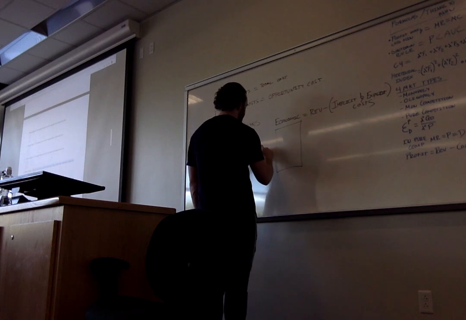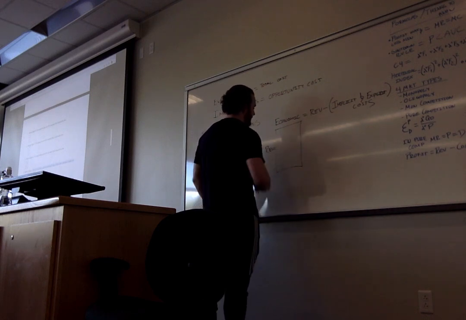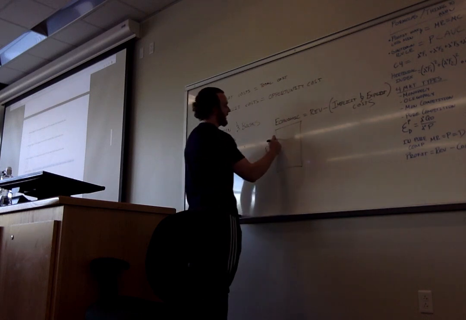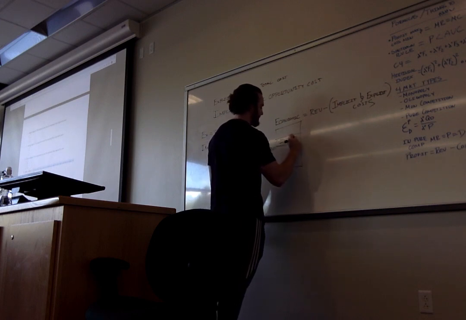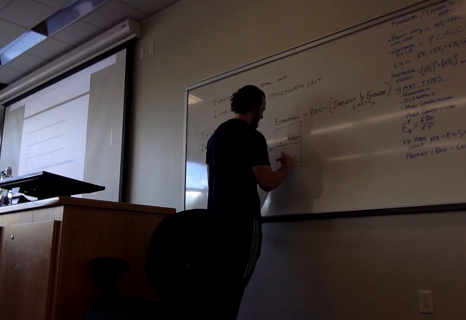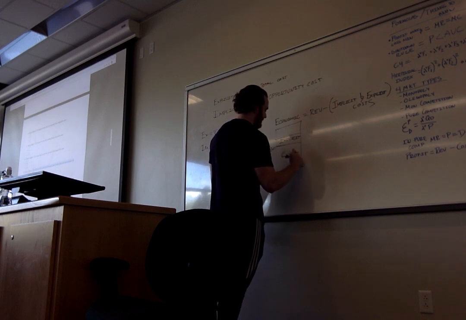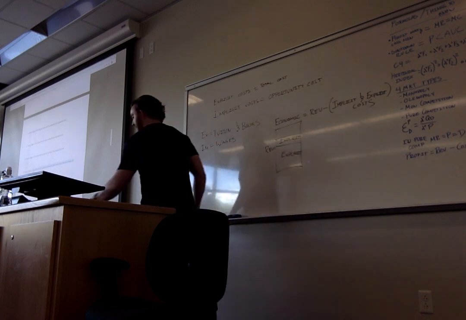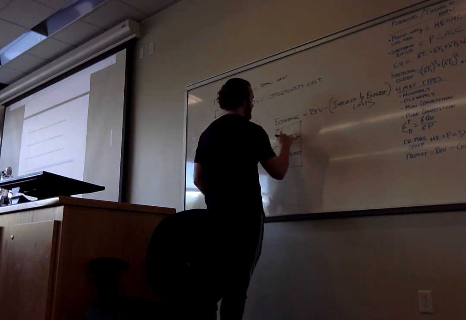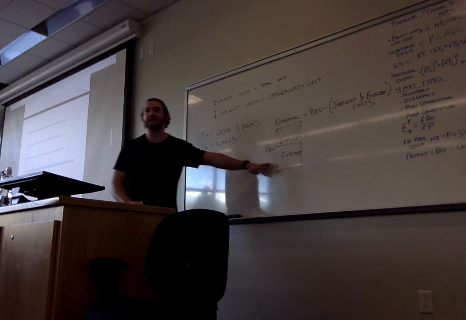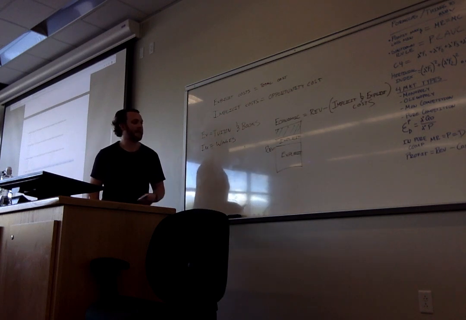So if this is your revenue, here's your implicit, here's your explicit. Then this would be your economic profit. Does that make sense?